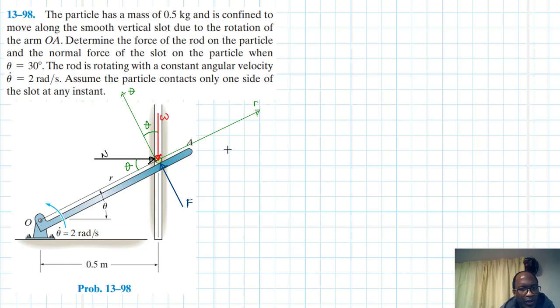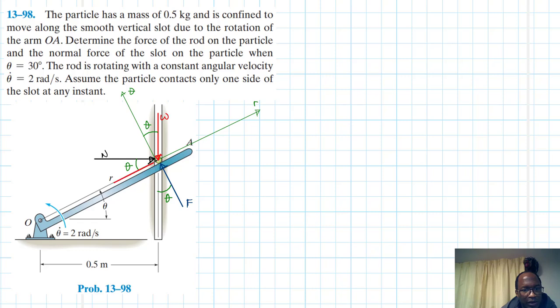If this is theta, then this also is 90 minus theta, and therefore this is theta also. So with this information, we can quickly resolve these forces into components.